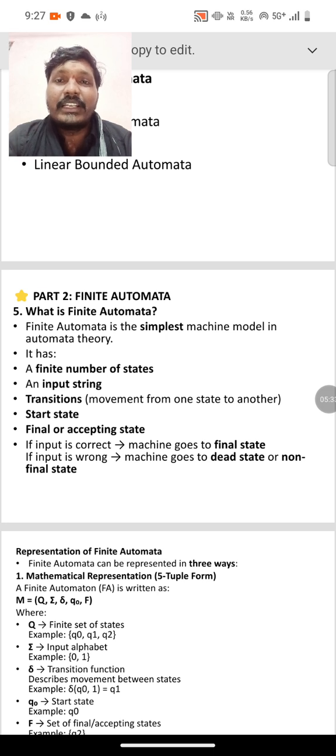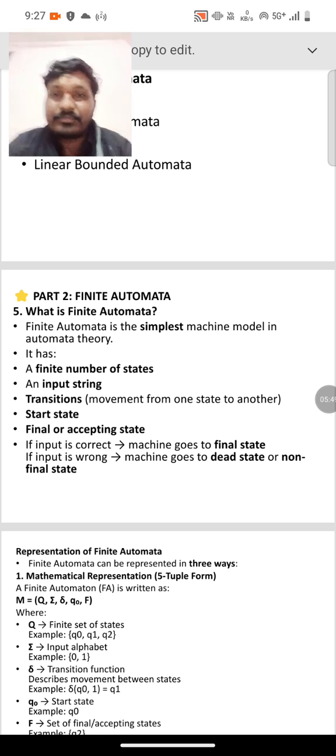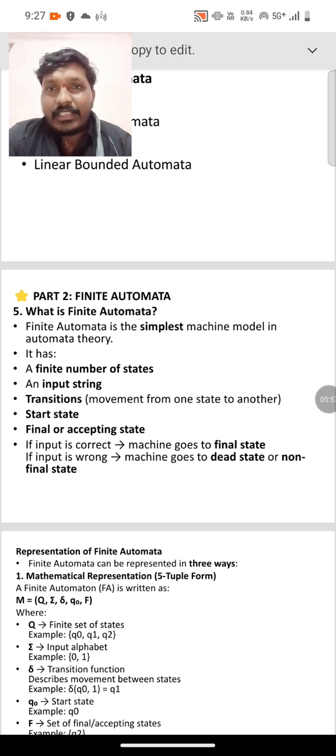Sigma means it is an alphabet. Alphabet means a set of symbols, either lowercase or uppercase letters, numbers 0 to 9, or special characters. And also transition. Transition can be represented with delta.